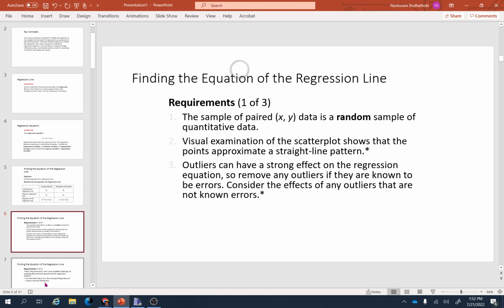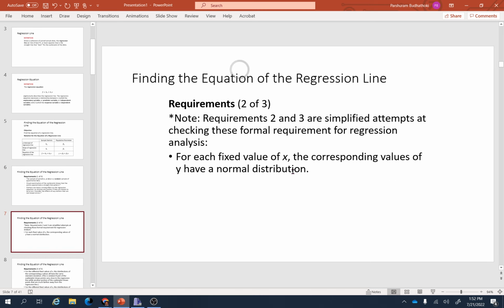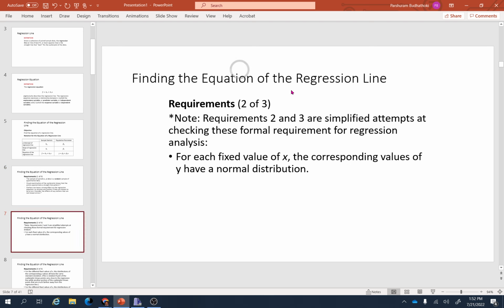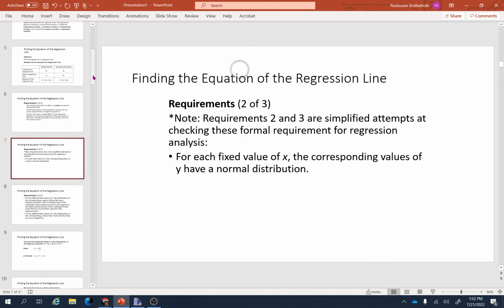So these are some requirements, and for each fixed value of x, the corresponding value of y has a normal distribution. So these are the requirements you must have to find the regression line. I'm going to show you a couple of examples where you might have to use the TI-83 or 84 calculator for finding the regression line. Okay.